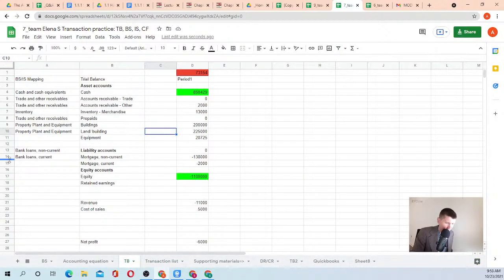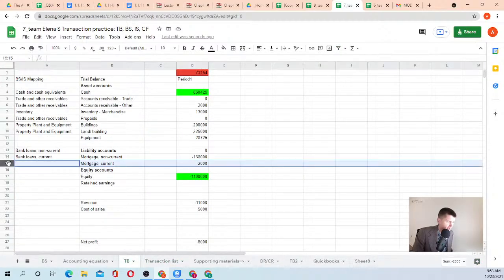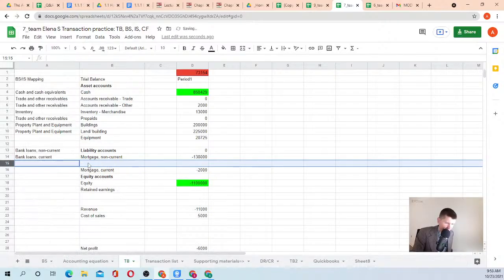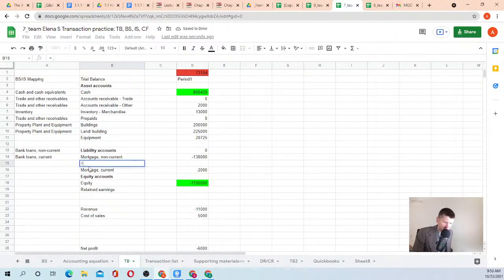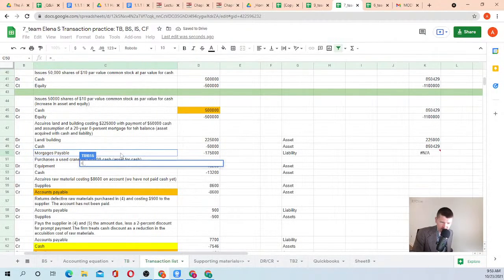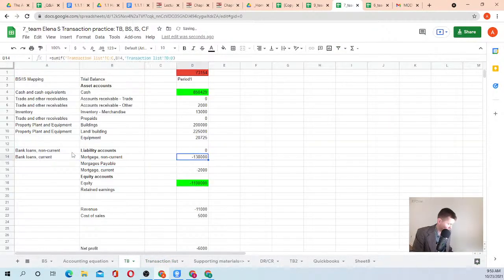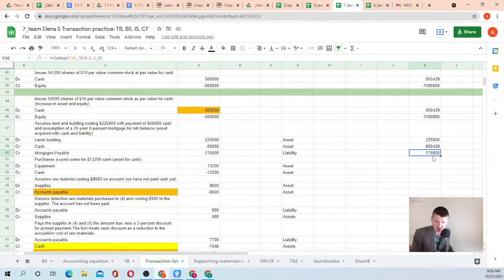So we can go here and let's assume mortgage payable is non-current. And we just take mortgage payable from here and we copy the SUMIF formula from here. We still have 100,000 difference. Let's move on.